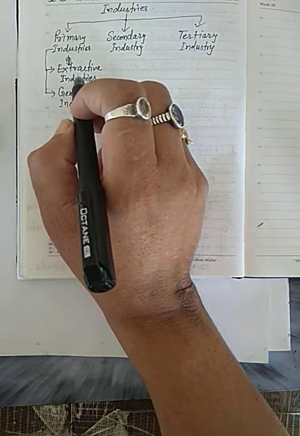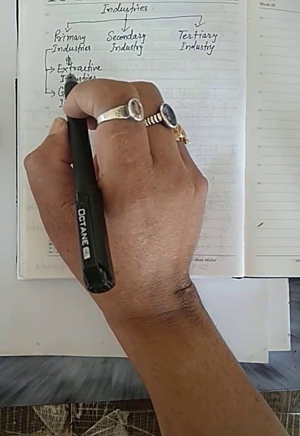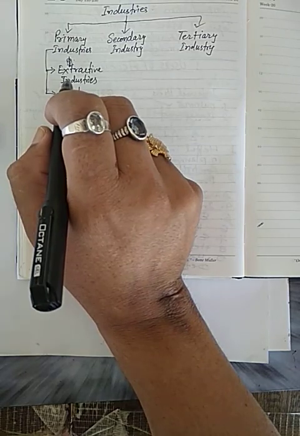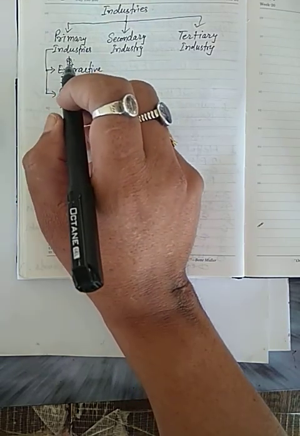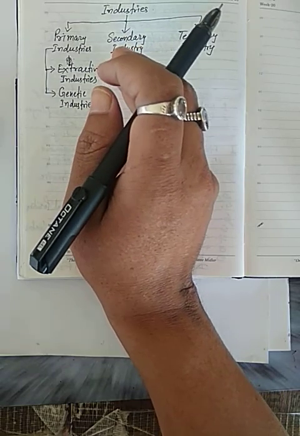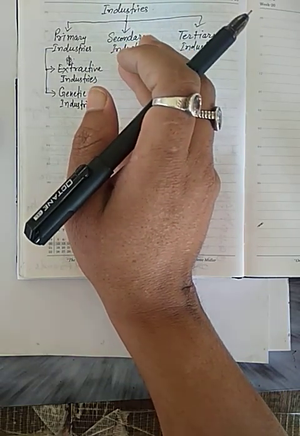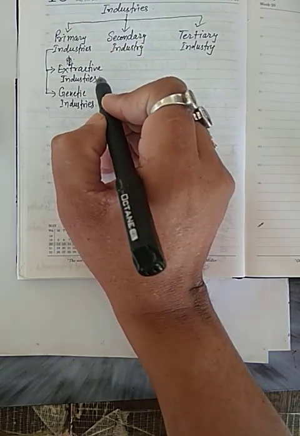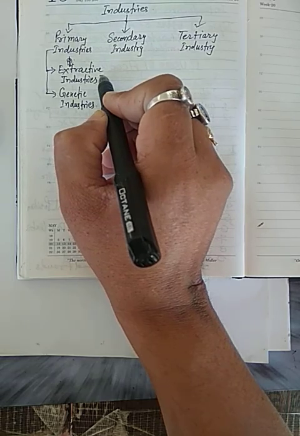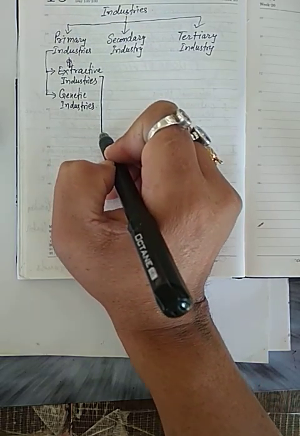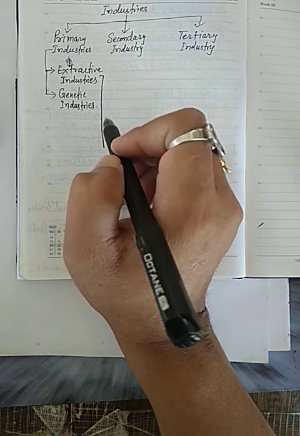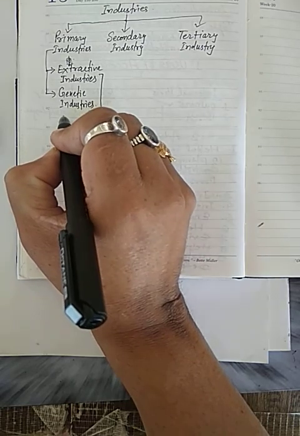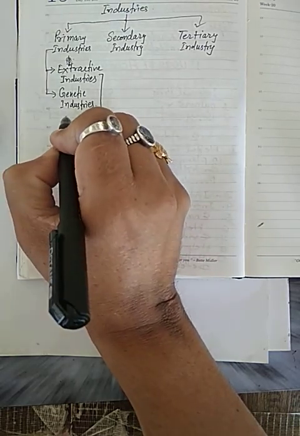The product of an extractive industry can be directly used or become the raw material for other industry, that means secondary or tertiary industry. So I can divide the extractive industry into three main parts. First, mining.